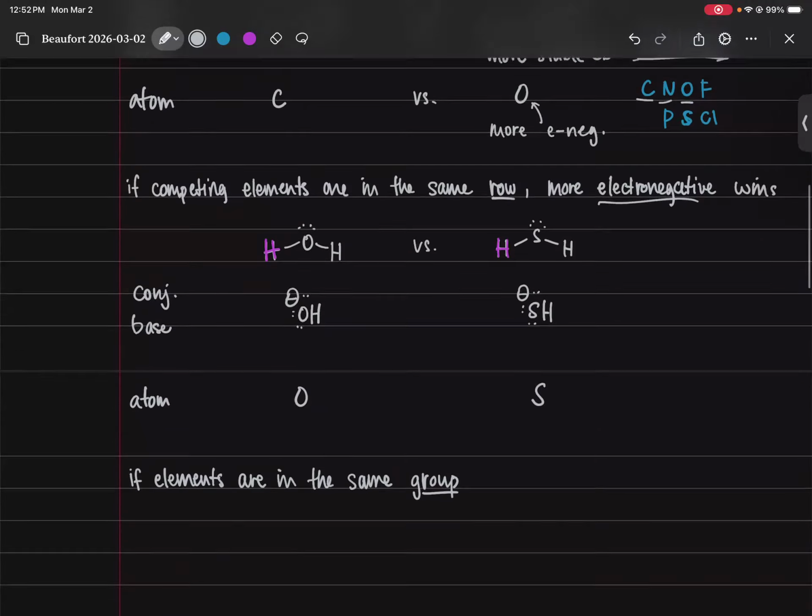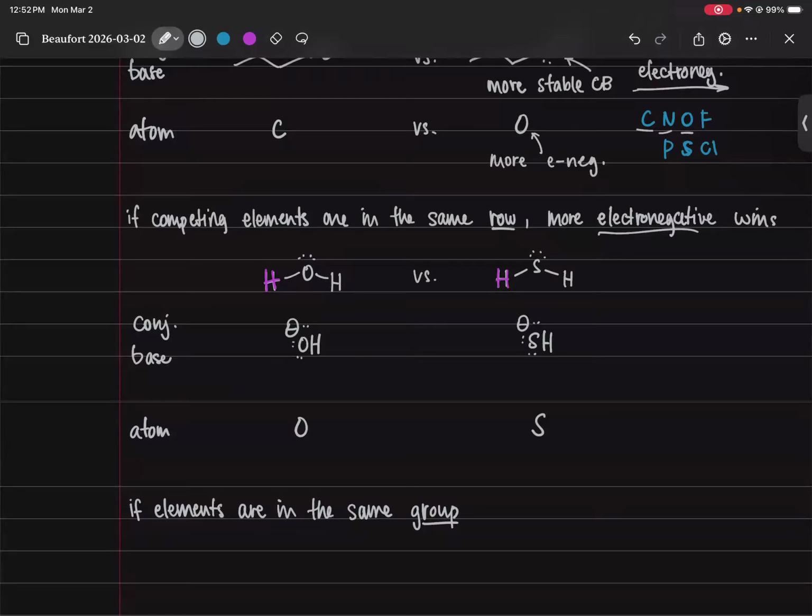So these two are in the same group. They're above and below each other. And so in this case, we're going to look for the larger atom.